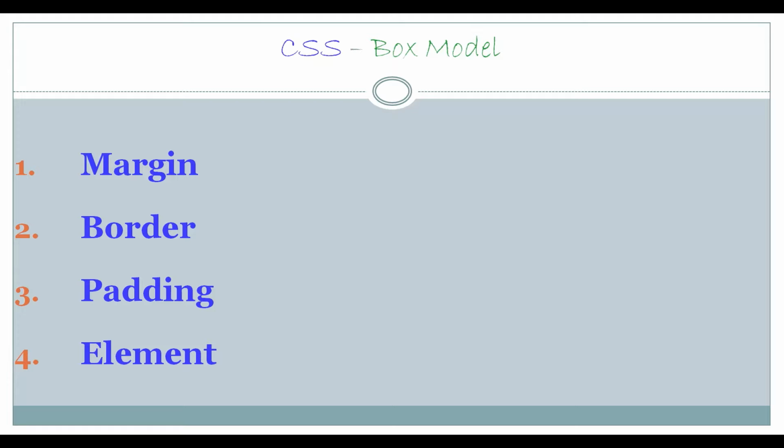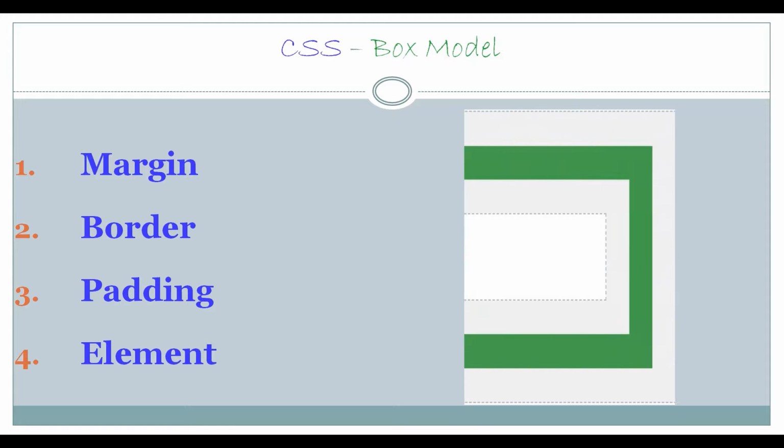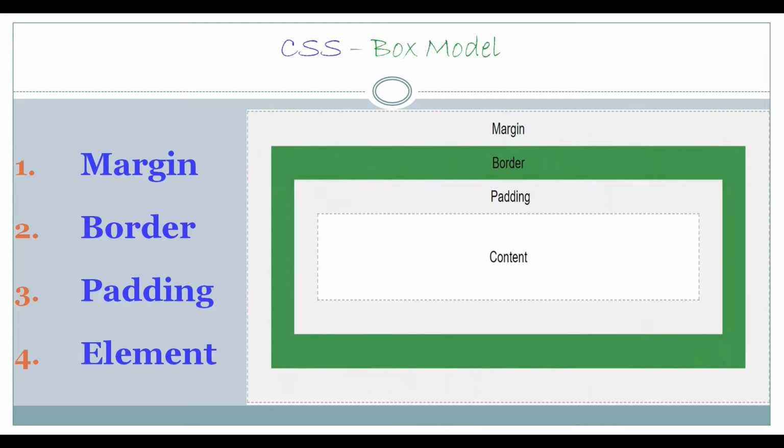So CSS Box Model covers all of these 4 different topics or properties, and to put it into a visual picture, I've actually included a box model picture description here.